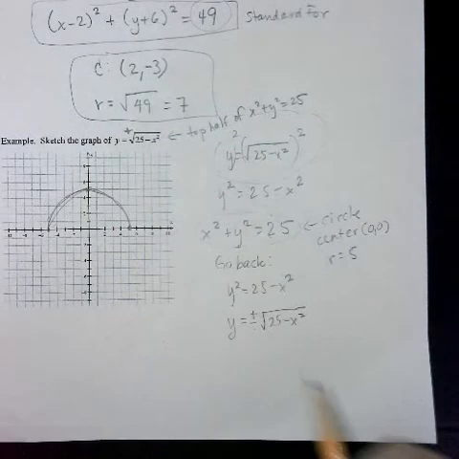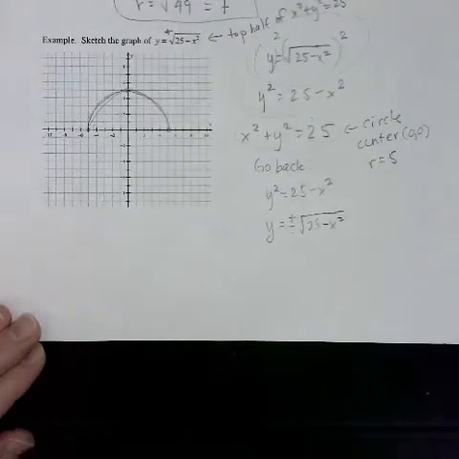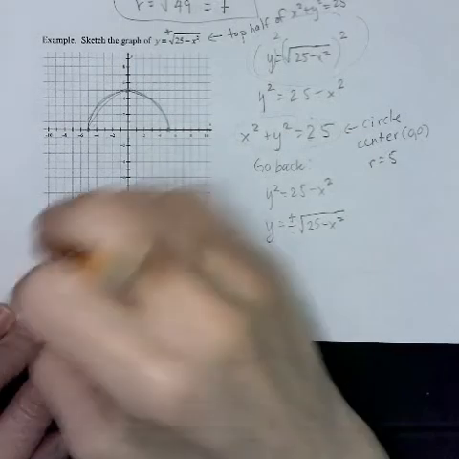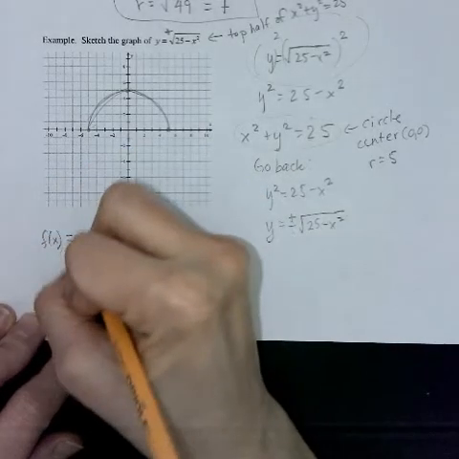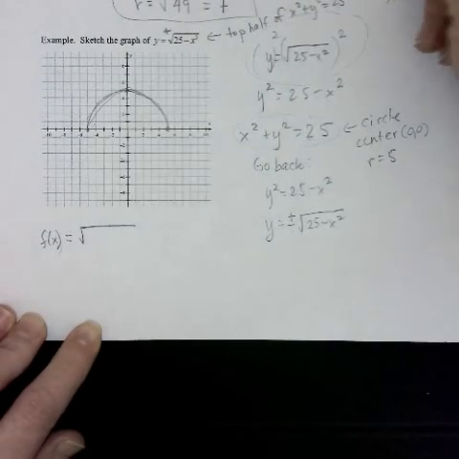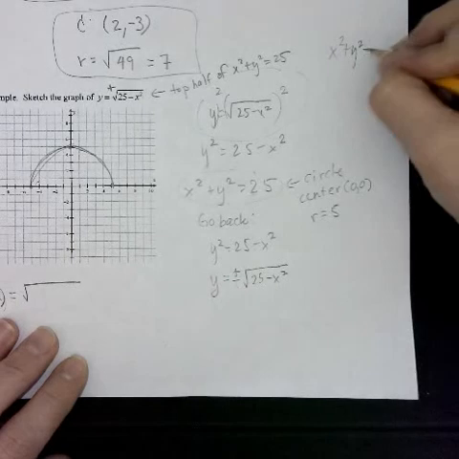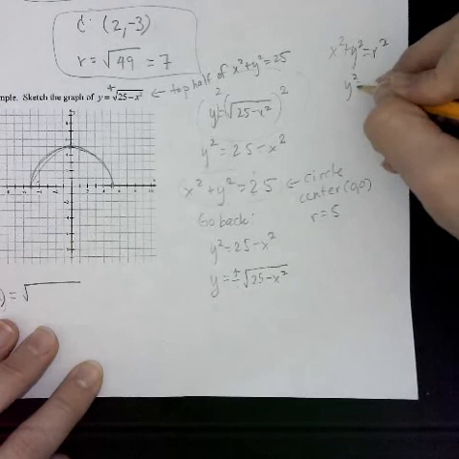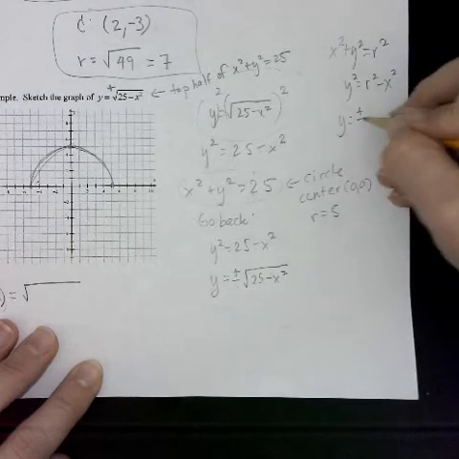So in general, you can kind of make this generalization here. Y equals, let's use function notation. These are actually functions. The square root of, so anytime you would take a circle x squared plus y squared equals r squared and solve for y, notice you'd get r squared minus x squared, and the y is plus or minus the square root of r squared minus x squared.